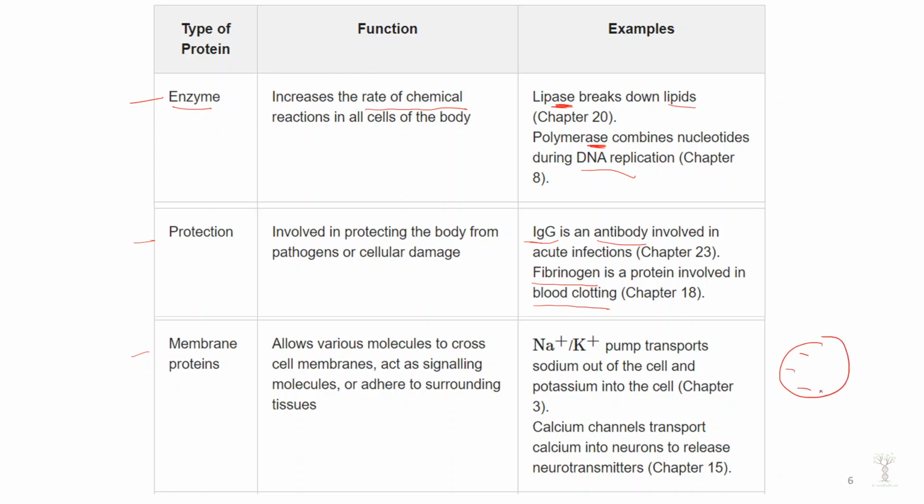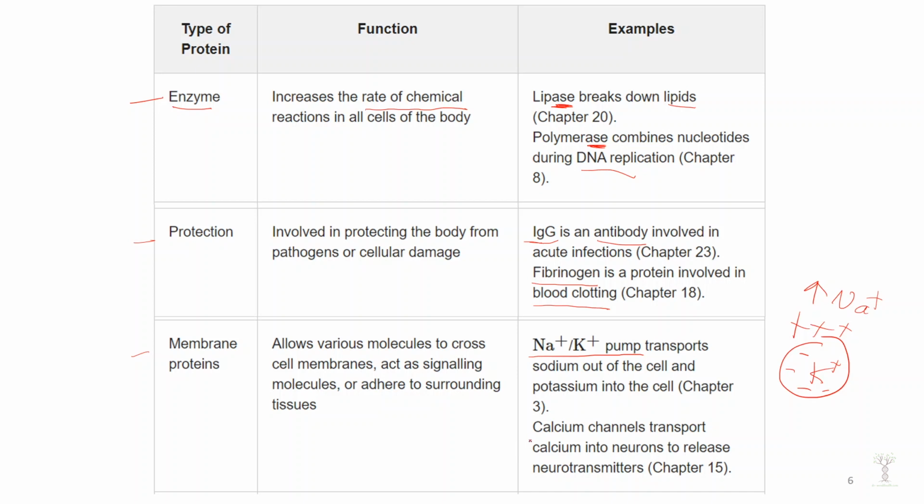All cells are slightly negative on the inside and slightly positive on the outside. They're positive outside because we have more sodium outside, and they're slightly negative because we have more potassium, and even though that has a positive charge, there's fewer of them. So there's a relative charge around cells, and that is because of this sodium-potassium pump.